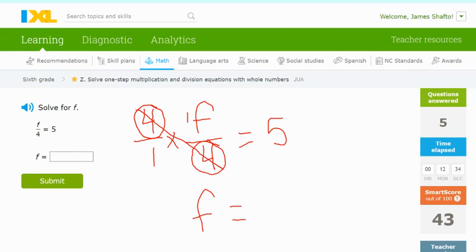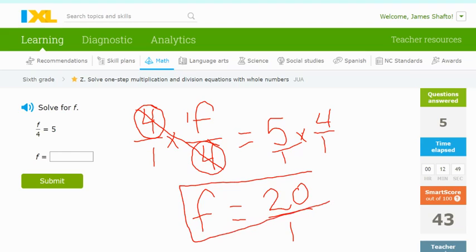I'm going to multiply by the reciprocal on the other side as well, doing the same thing to keep it balanced. 5 times 4 gives me 20, and 1 times 1 gives me 1. So my answer is just f equals 20.